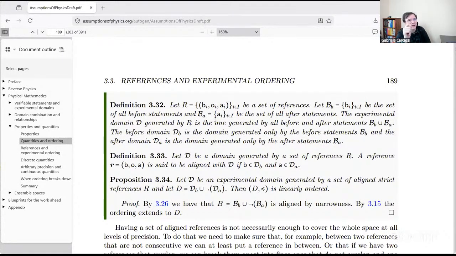And so now you can construct the reference before pi by doing the disjunction of all the approximations. So you can imagine that with the references you're given, you're only given the references that have finite precision, but then you can construct the infinite precision by the OR. That would be the difference between the before statements that you get from the references, and the ones that you can construct from the domain.